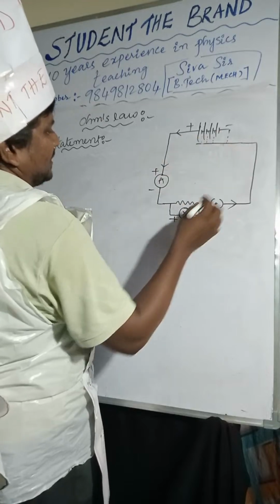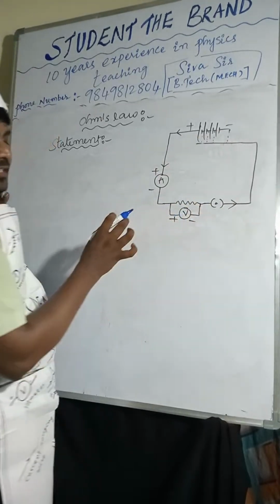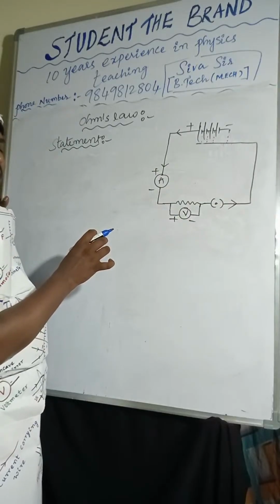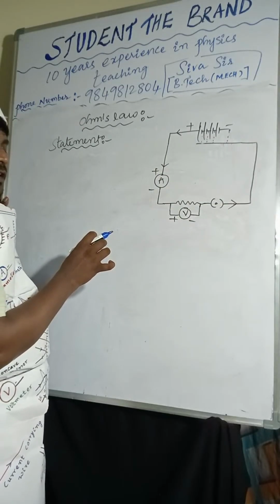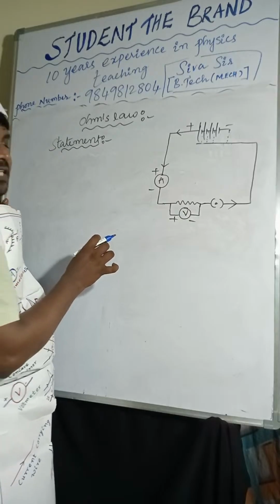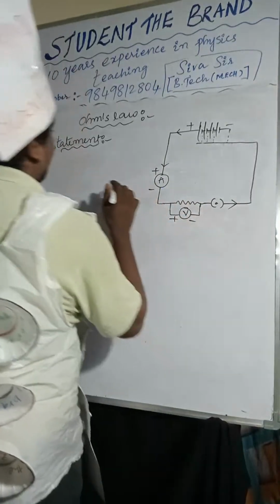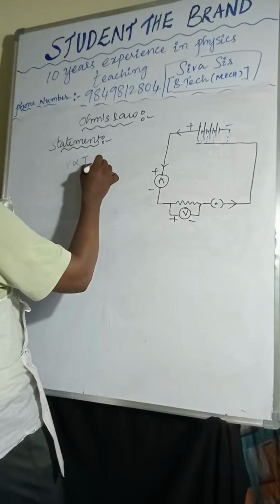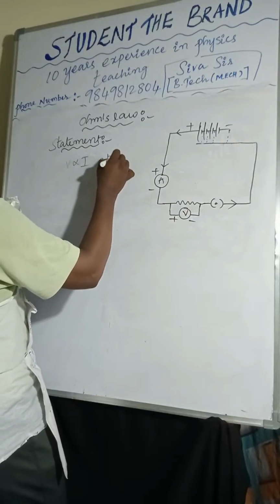Current is passing. So the potential difference across a resistor is directly proportional to the current flowing through it at a constant temperature.